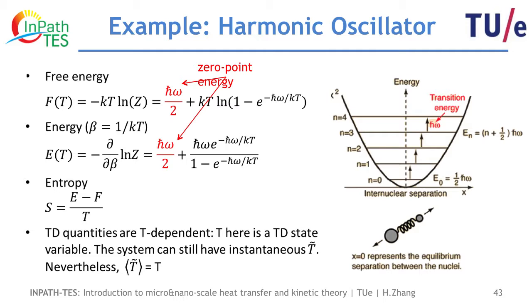First of all, the free energy equals h bar omega over 2 plus another term. The energy E, similarly, is also h bar omega over 2 plus another term. This h bar omega over 2 is actually the zero-point energy of the harmonic oscillator.